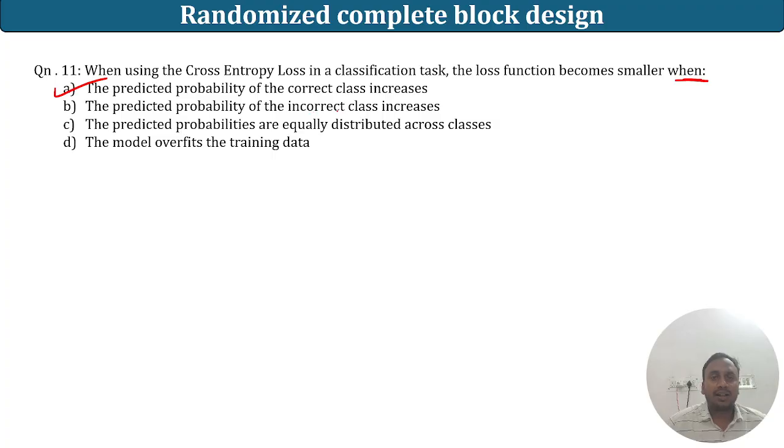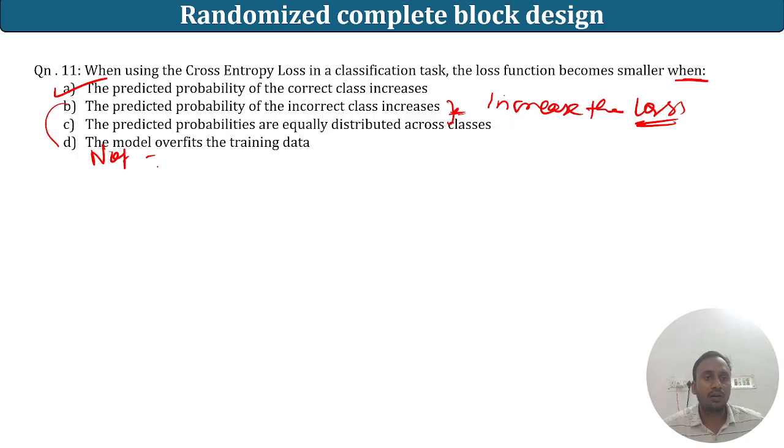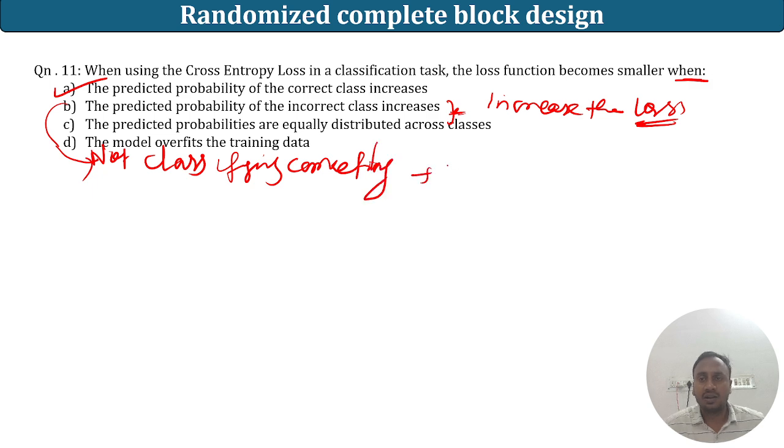If the predicted probability of the incorrect class increases, the loss actually increases, because the model is not classifying correctly. It means the loss is more, so this can't be the answer.